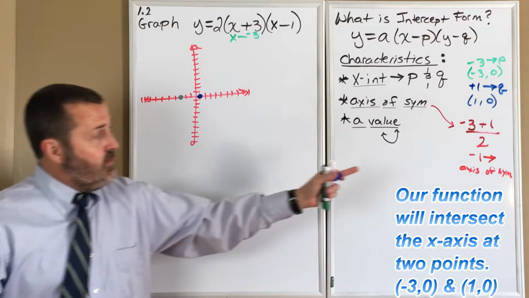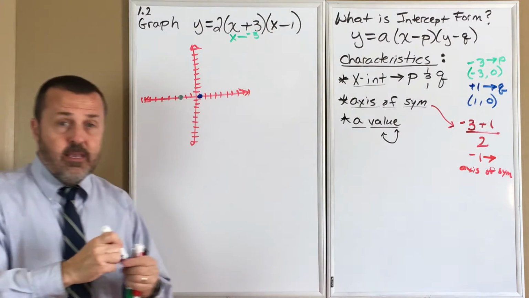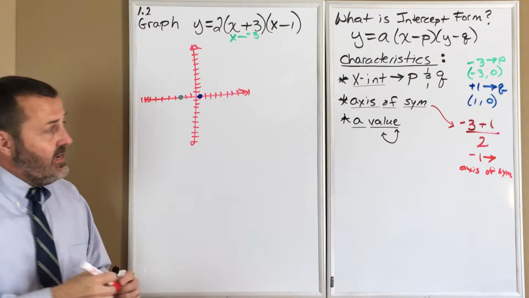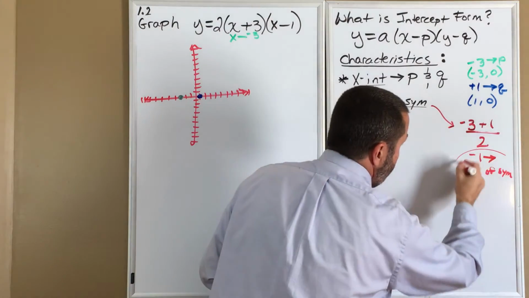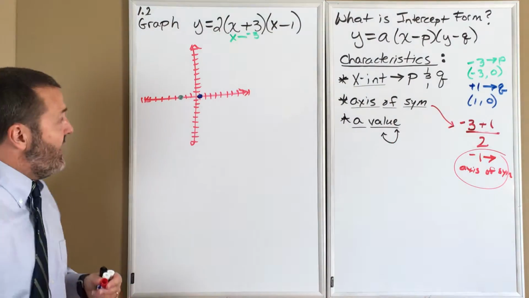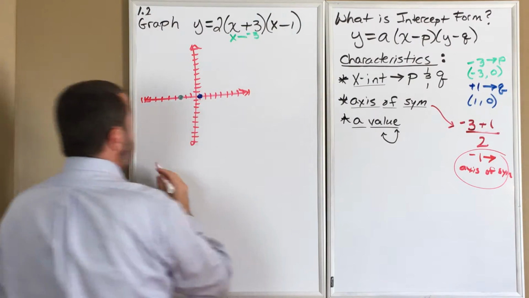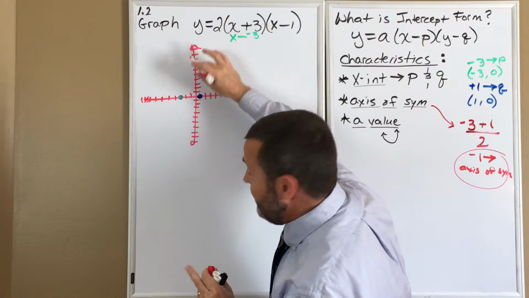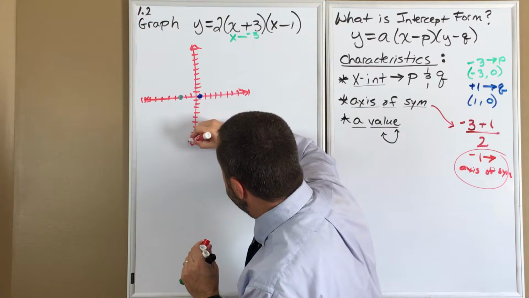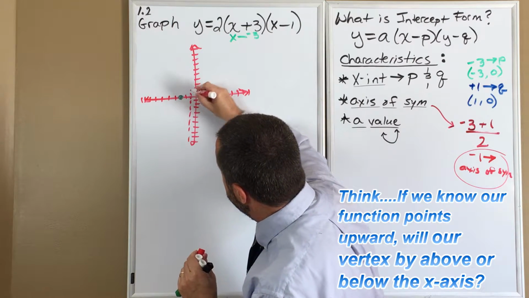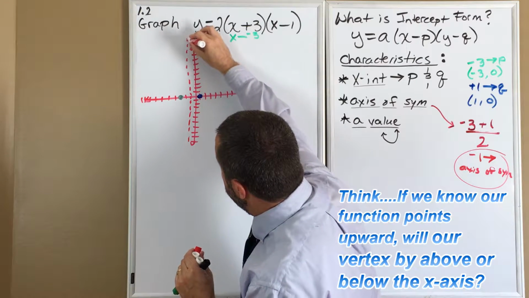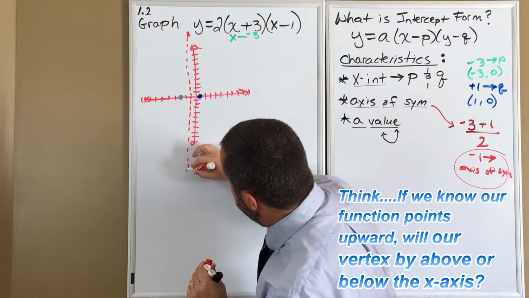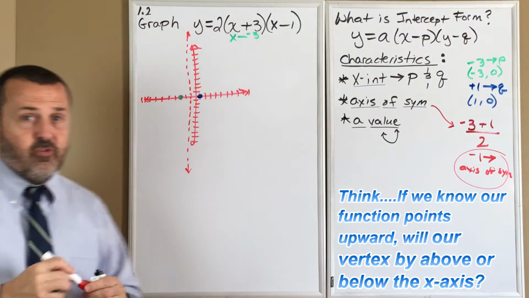We even know that our axis of symmetry is going through negative 1. So where's the negative 1 on the x-axis? It's right here. So I'm going to do the best of my ability to create a dotted line. Now my y-axis is a little curvy, so I'm going to play the game. And there's the axis of symmetry.